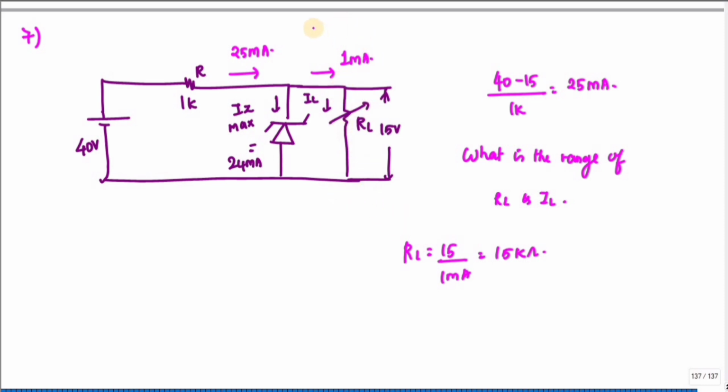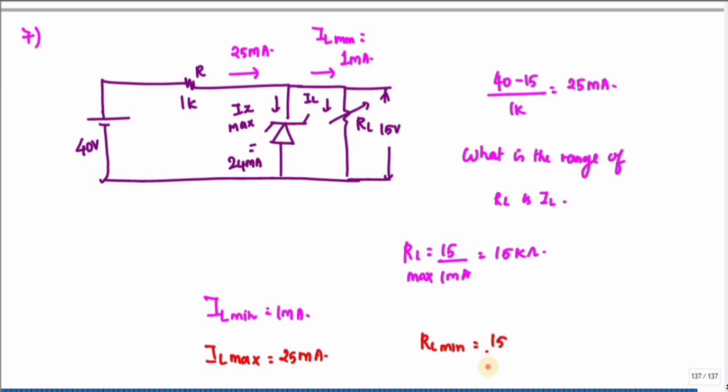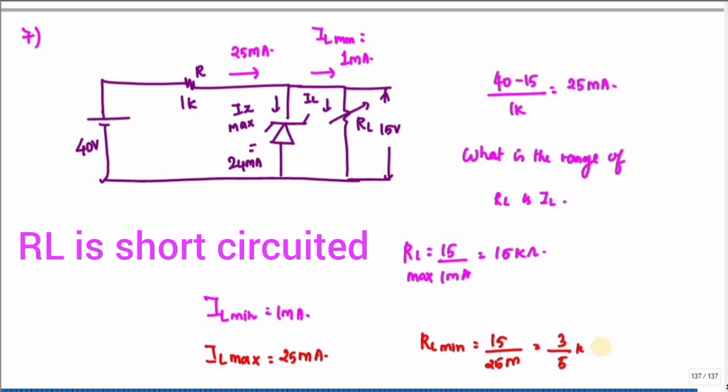So what will be the minimum value of RL minimum I should find? How to find it? Okay. So the IL minimum is 1 milliamps, and IL maximum it may go to 25 milliamps because this is open circuited.